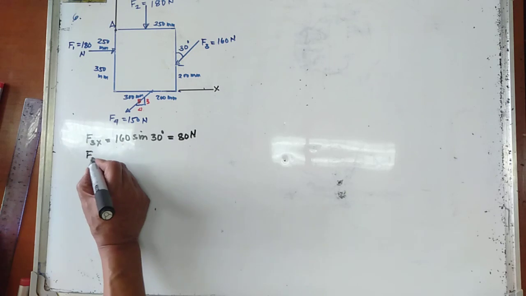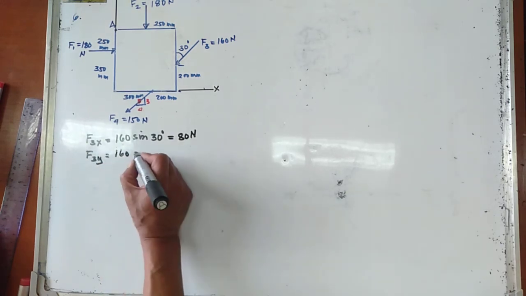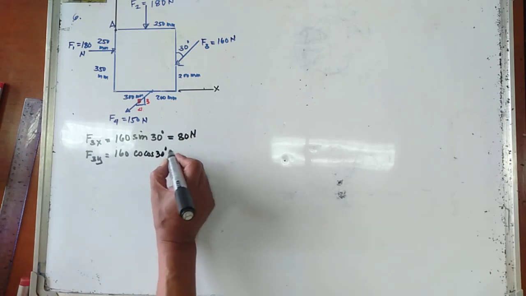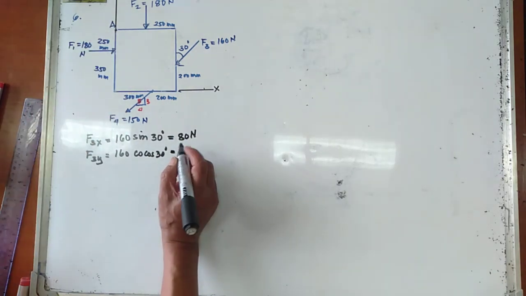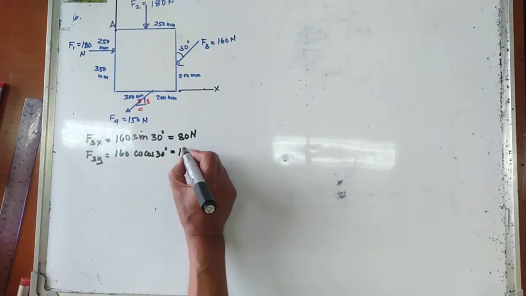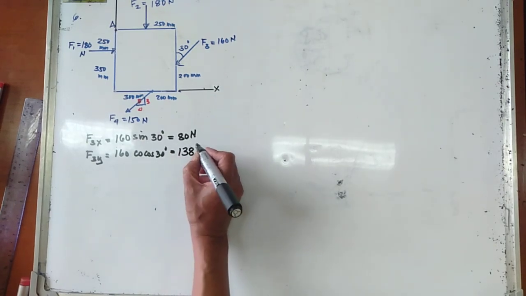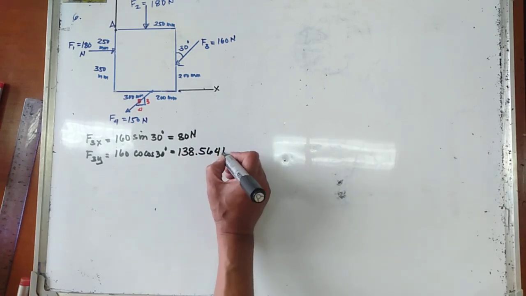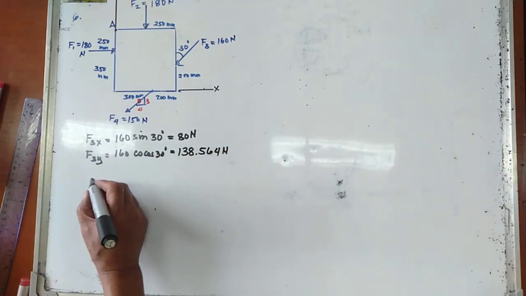Your F3y is equal to 160 cosine of 30 degrees. So we have 138.564 newtons.